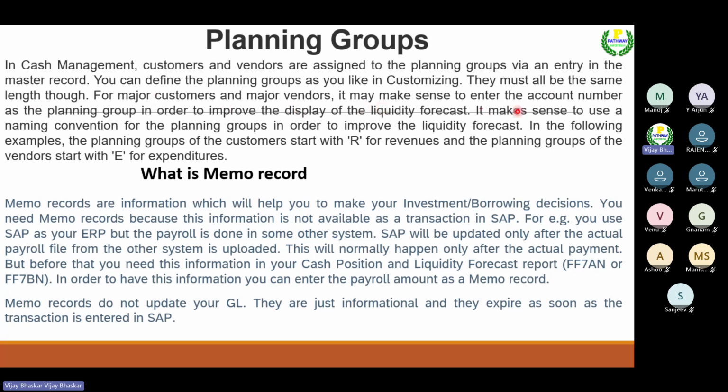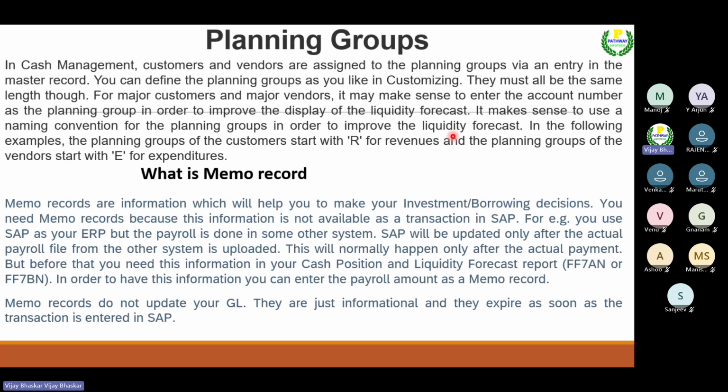For major customers and major vendors, it may make sense to enter the account number as the planning group for an improved display of the liquidity forecast. It makes sense to use a naming convention for the planning groups in order to improve the liquidity forecast.